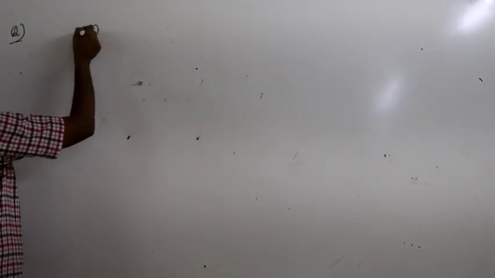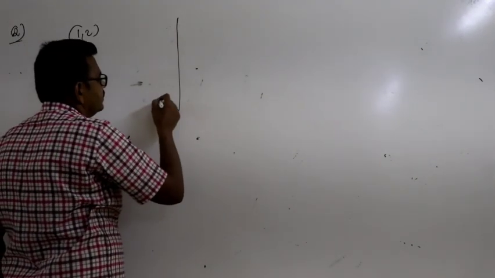Next one, the equation of the circle which touches both the axes and which passes through the point 1, 2.